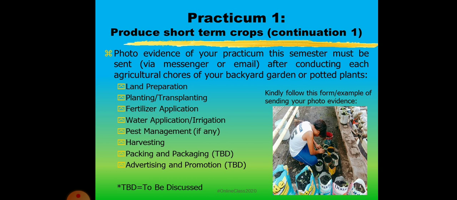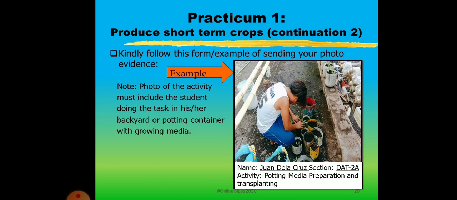But for land preparation until harvesting of your commodity, you need to update me on those activities by sending pictures with caption via email or messenger. So this is how you will document your activity in your practicum in your garden.